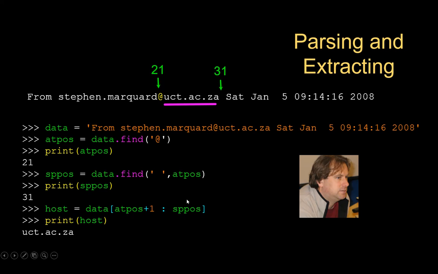It goes one below that, which is position 30. So this will give us whatever we have after the @ sign, the University of Cape Town in South Africa domain, basically. So that's how we use parsing and extracting.